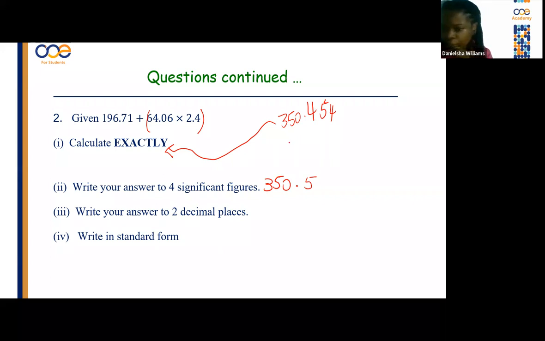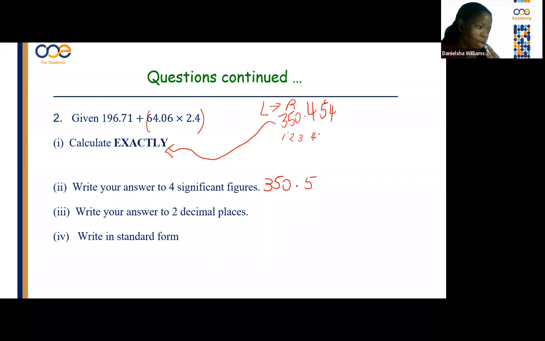So just to recap for those persons who would have missed when we looked at significant figures, we count significant figures from left to right, and we start with the first digit that is not 0. So for this figure, starting off with 3, that means we go 1 significant, 2 significant, 3. Now this 0 here, it is significant because it is a captive 0, or it is sandwiched between 2 digits that are significant.